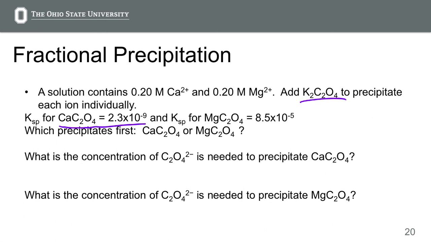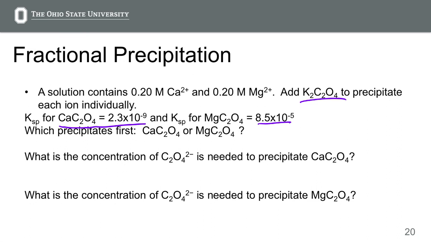And for magnesium oxalate, it's 8.5 times 10 to the minus 5. Based on those K values, which one will precipitate first? Calcium or magnesium?